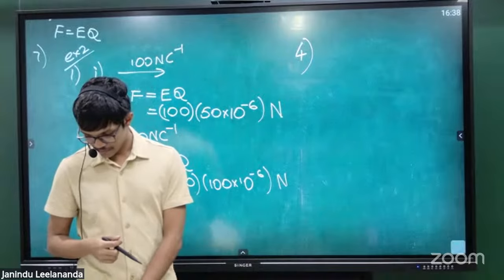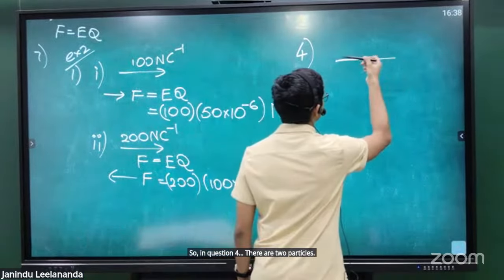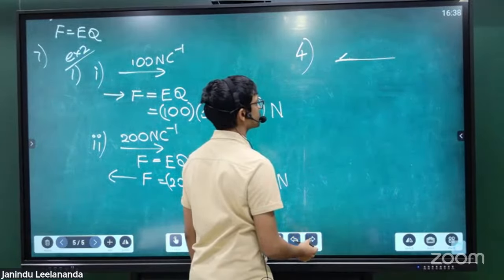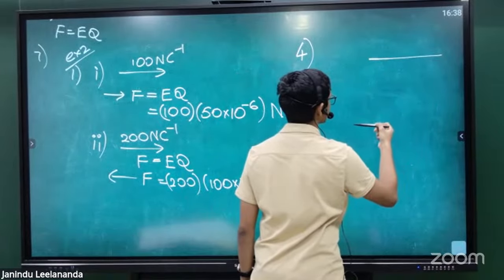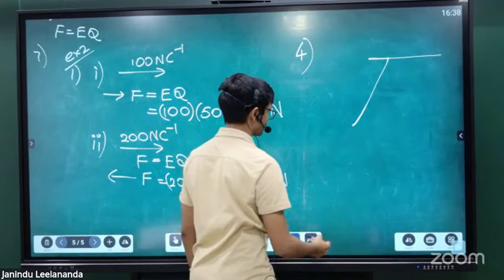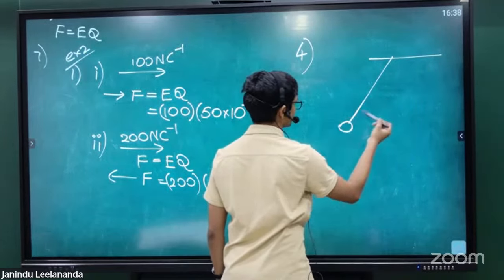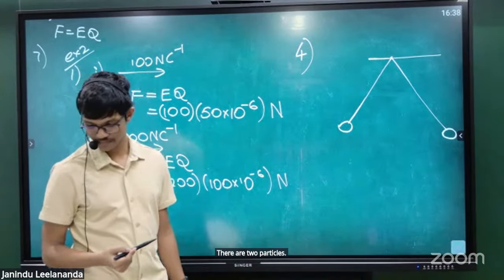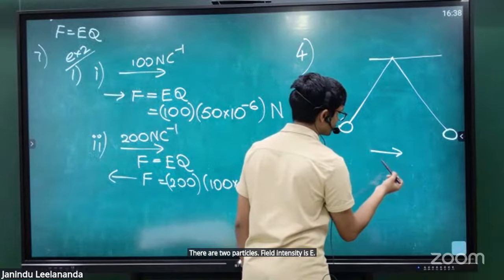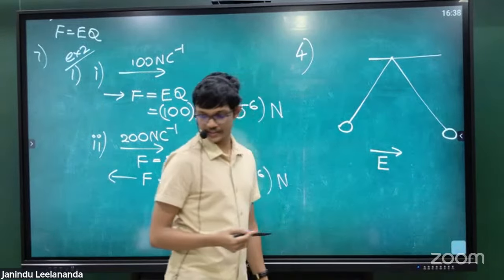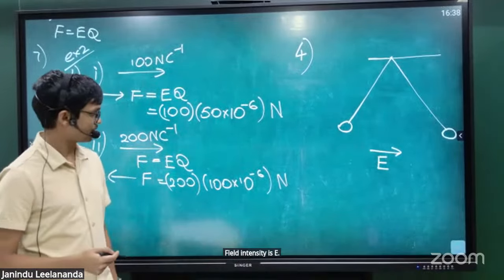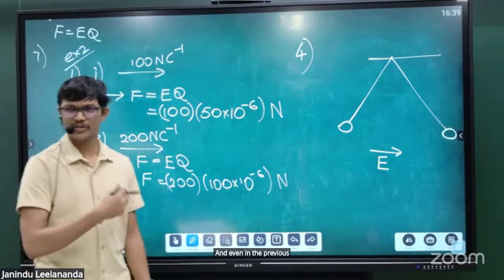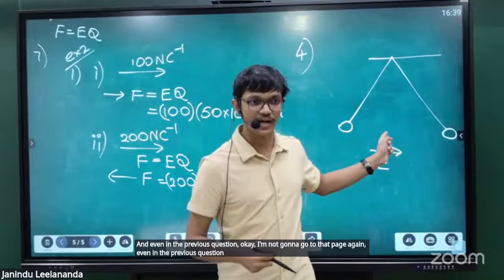So in question 4, there are two particles. Field intensity is E. So the question is just, and even in the previous question, I'm not going to go to that page again, we had a similar question, right?